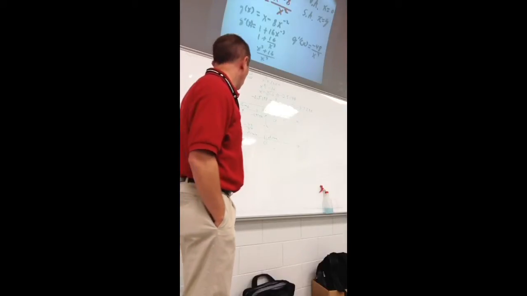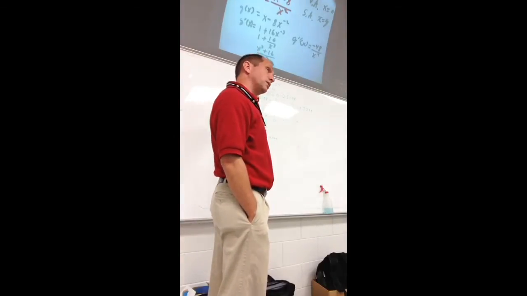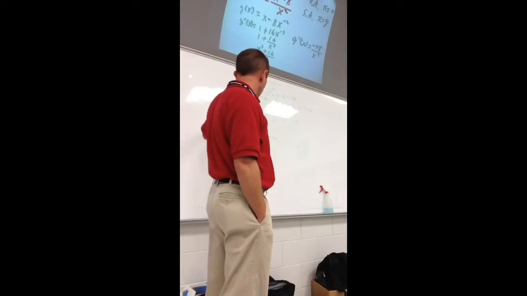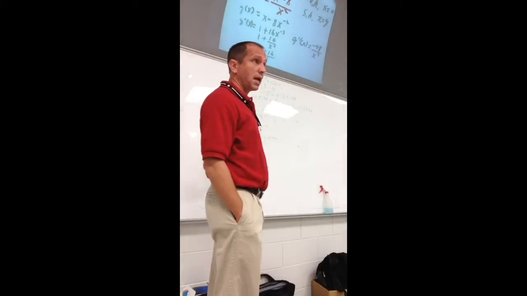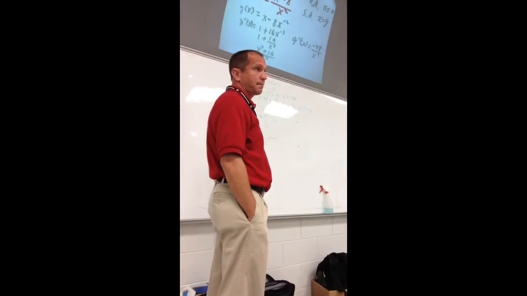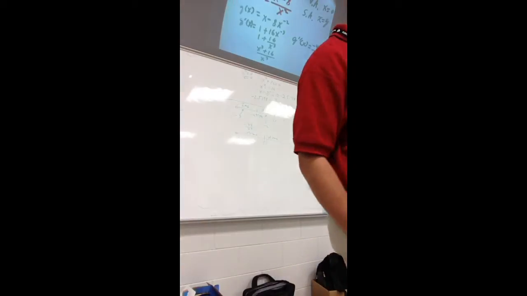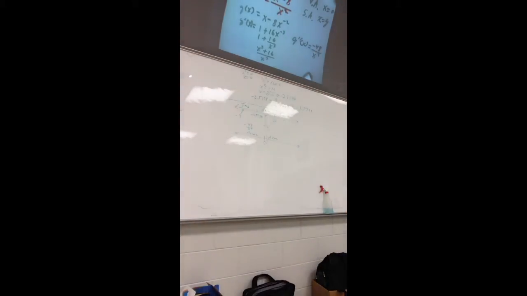And it doesn't matter what number I plug in here, whether I plug in a negative or a positive, when I raise it to the fourth power, I'm going to get a positive. So I have a negative over a positive, which is always negative. So it's going to be concave down everywhere. All right. Are we good? Okay. Let's move on.